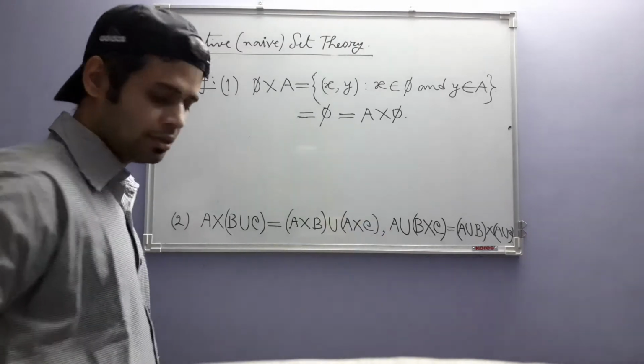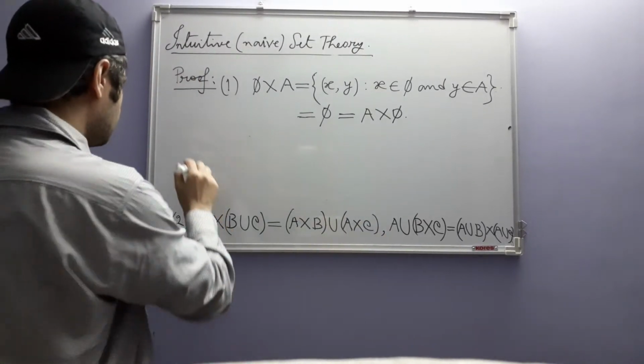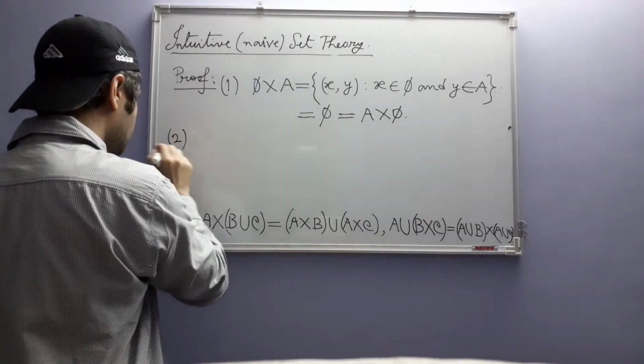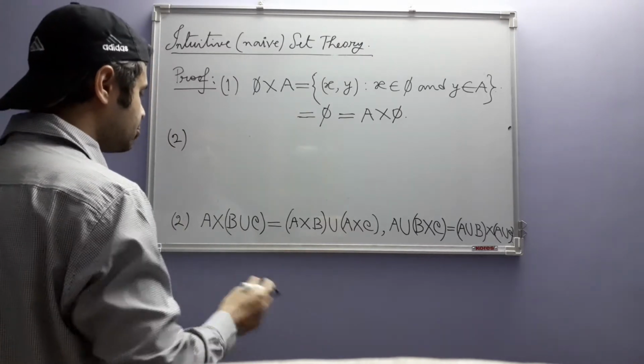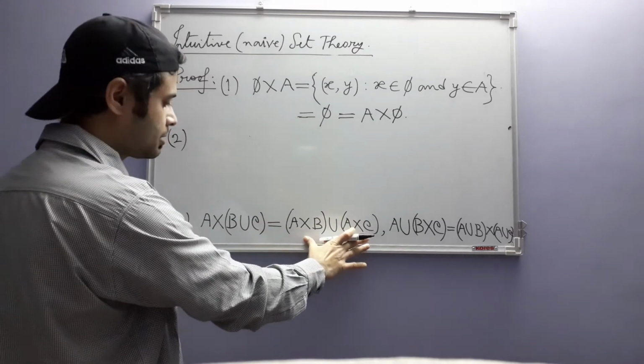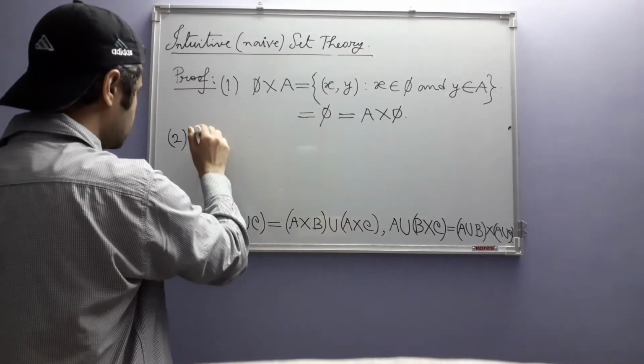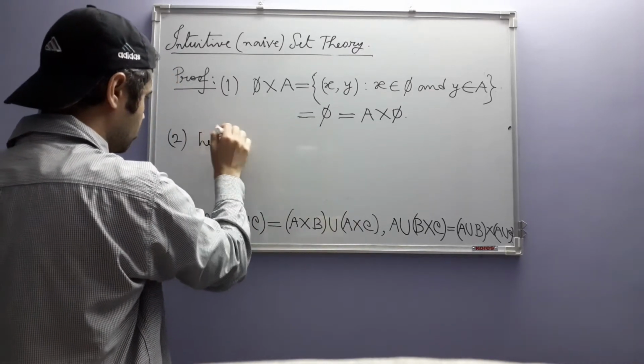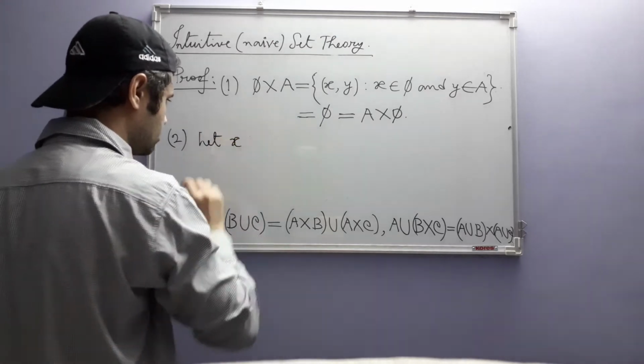So what shall we do? For the first one of the second property, as usual, we have to show that this is a subset of this and this is a subset of this. So let x, okay.